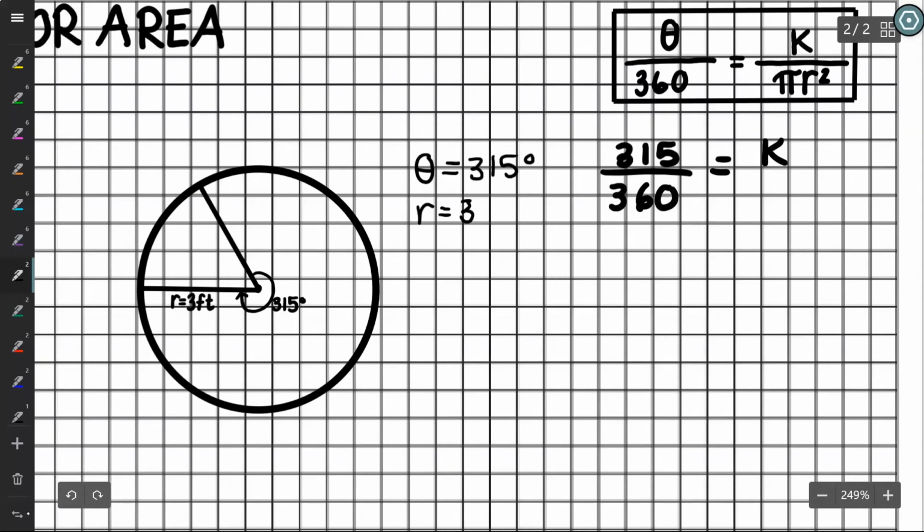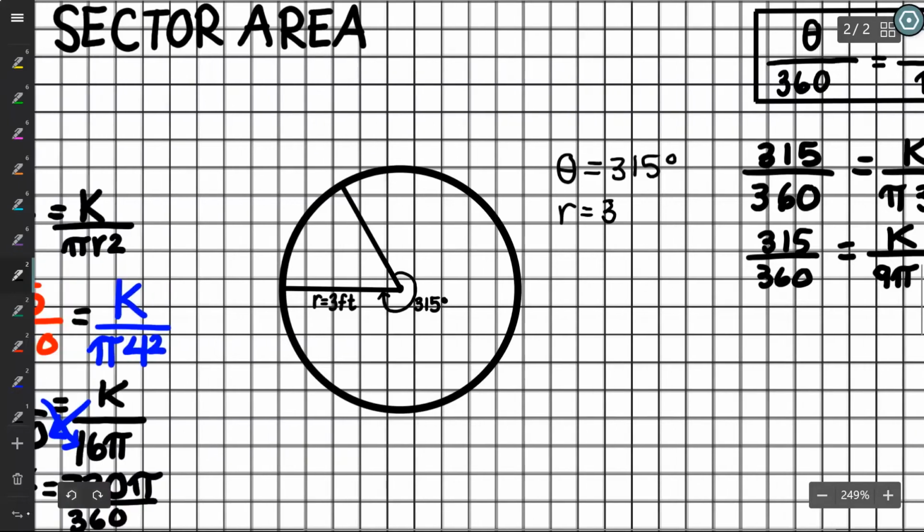I'm going to do the same thing. K is still at the top, but I'm going to write this as 9 pi and then 315 times 360. Oh, we forgot something over here, but we'll make sure to include it on this one. So we're going to do the same thing. We're going to cross multiply.